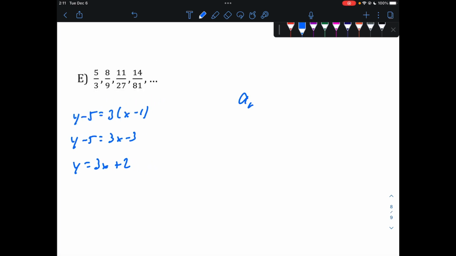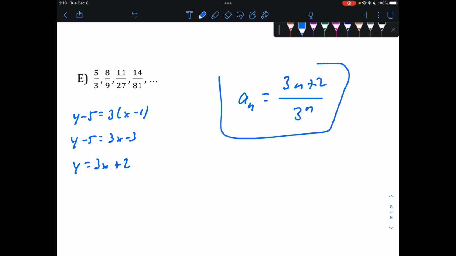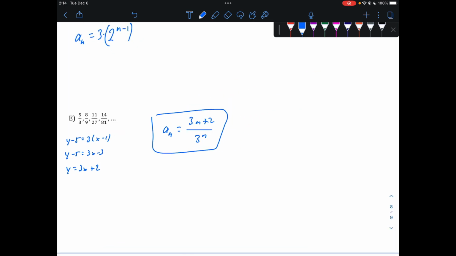I know that my numerator is going to be 3n plus 2. All right, now let's talk about the denominator. The denominator is just the powers of 3, right? 3 to the first, 3 to the second, 3 to the third, 3 to the fourth. So that's just going to be 3 to the n. And that is our nth term for sequence E.